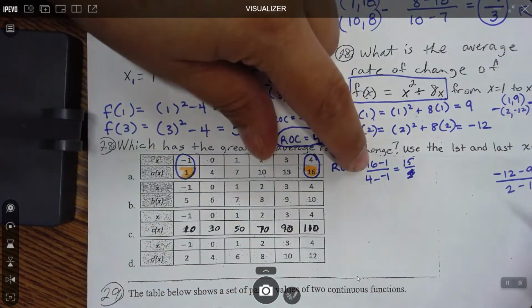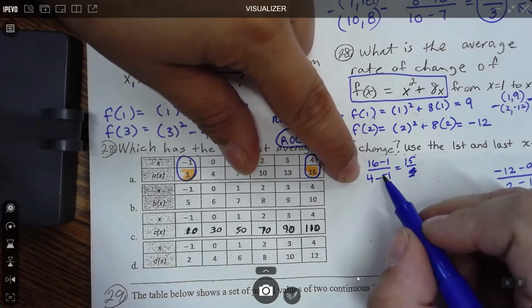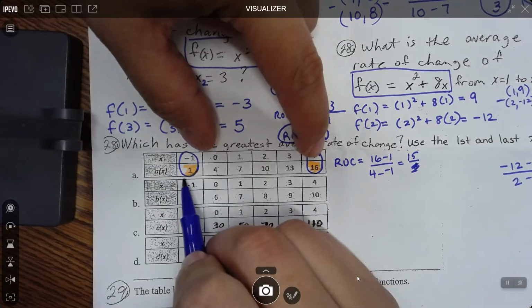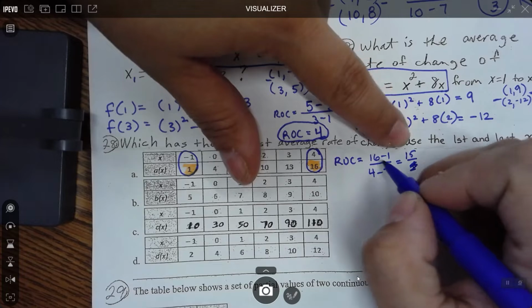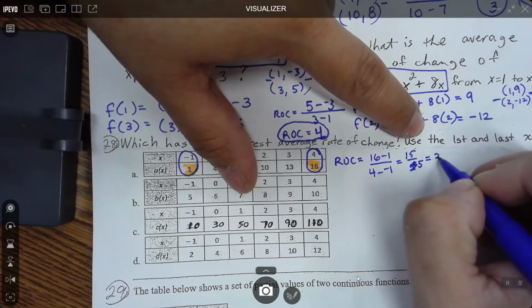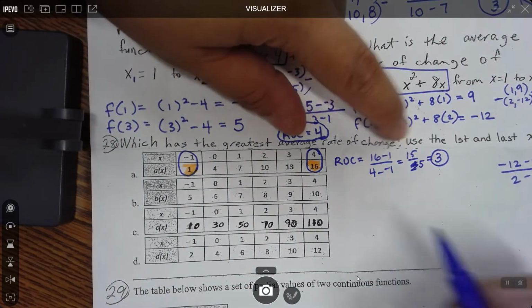I did the math wrong. I'm sorry, I'm falling asleep. This is 4 minus a negative 1. Did I write it correctly? 16 minus 1 over 4 minus a negative 1. I did. This is 15 over 5, which is 3. So the rate of change for this one is 3.